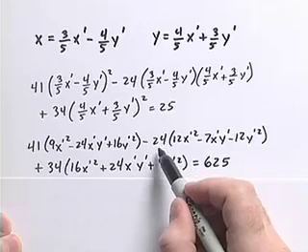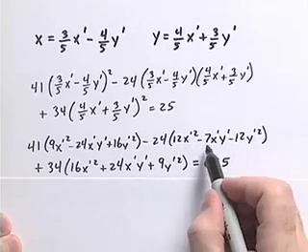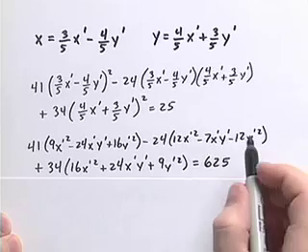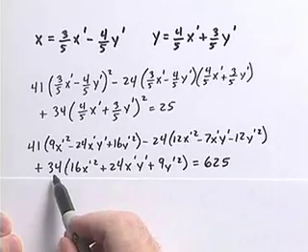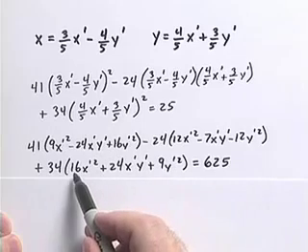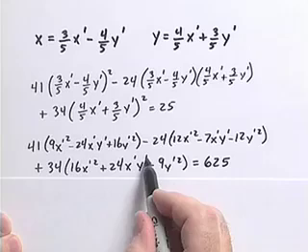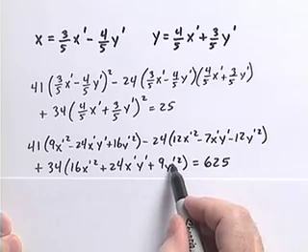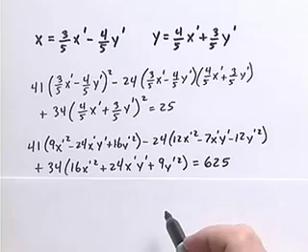Then minus 24 times, in parentheses, 12x prime squared minus 7x prime y prime minus 12y prime squared, plus 34 times, in parentheses, 16x prime squared plus 24x prime y prime plus 9y prime squared, and all of that is going to be equal to 625.